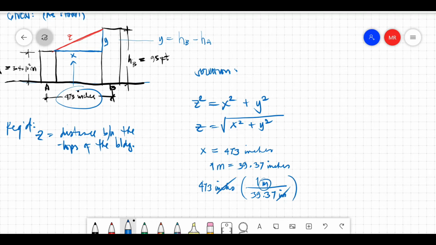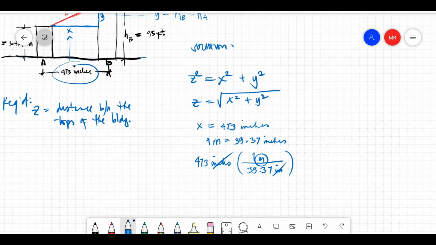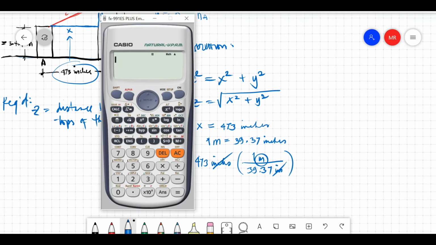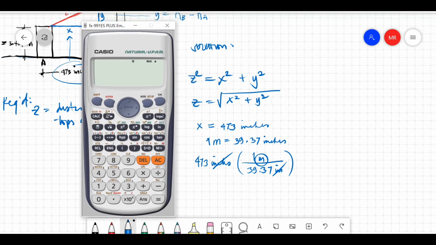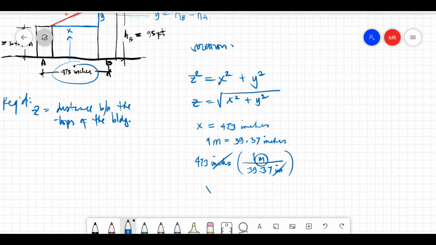The inches cancel, and the unit meter will be left behind. So 473 times 1 over 39.37 is 12.01 meters.